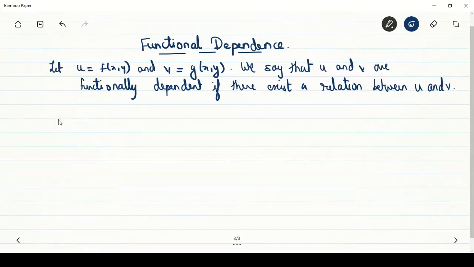If there is no such relation between u and v, then u and v are said to be functionally independent.